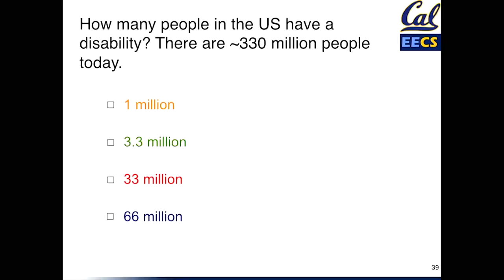In terms of the number of users in the United States who have any kind of disability, which of these numbers is correct? There are about 330 million people.